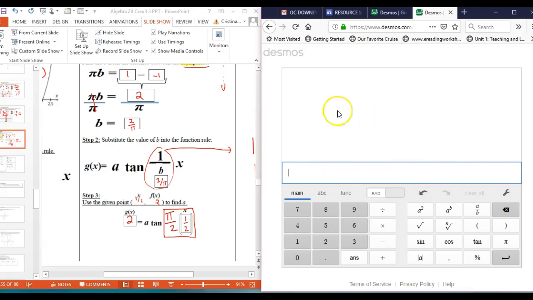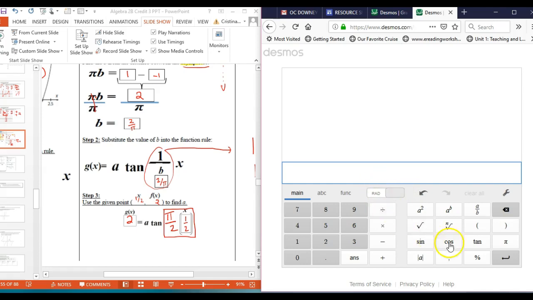Alright, so we have our graphing calculator up. Now notice how I'm going to find the tangent of a pi symbol or radian. So I want to make sure this shows that my calculator's in radian.